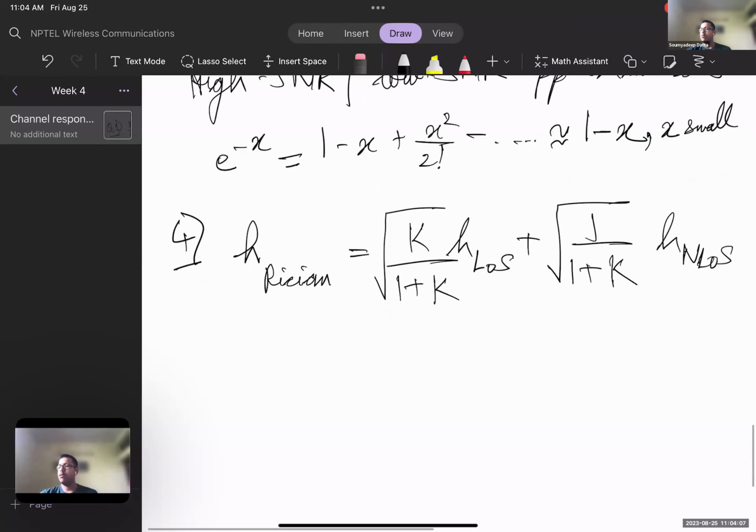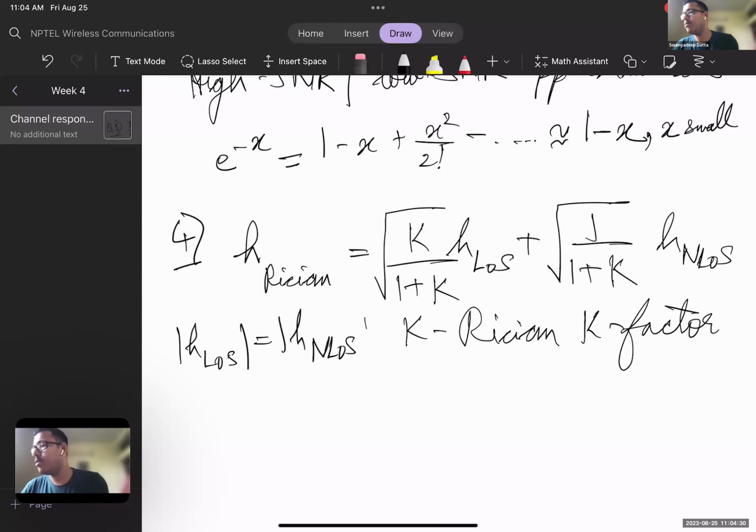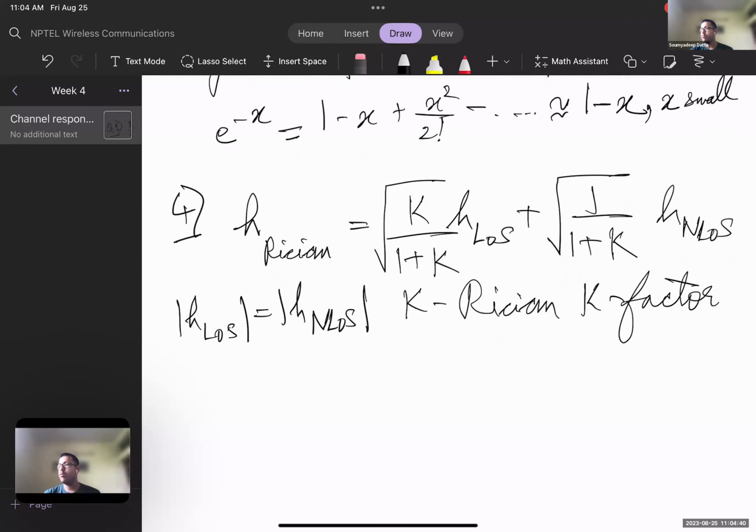This K is known as the Rician K factor. Typically we have mod HLOS equal to mod HNLOS. So the line of sight and non-line of sight components are modeled with the same kind of complex distribution, but then you have these pre-multiplied factors.